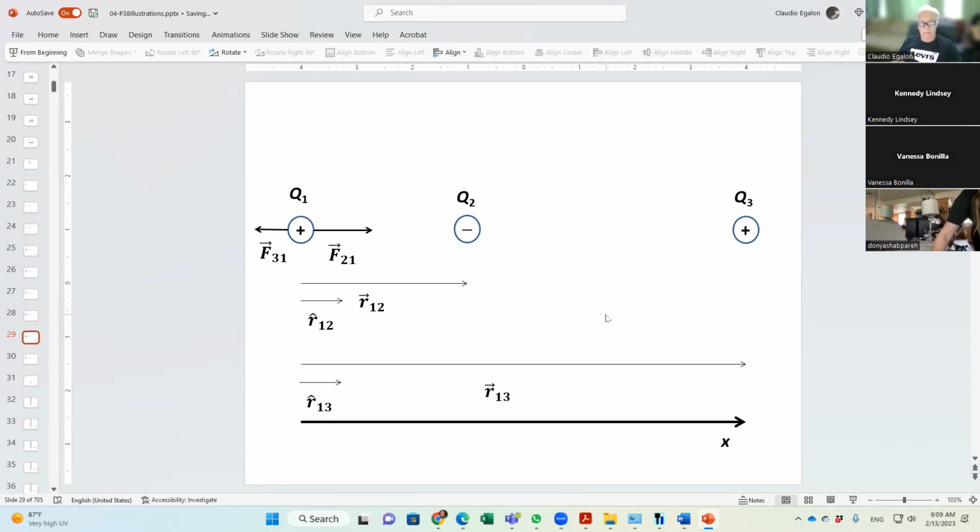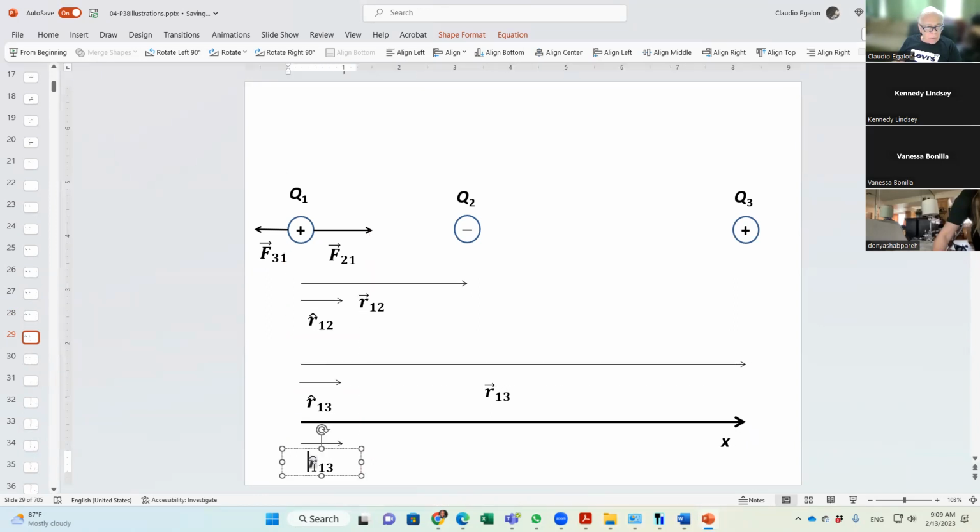And let's write it down. R hat 12 is equal to R hat 13, which is going to be equal to x hat as well. I'm going to even put the x hat right in here. Their magnitude is 1 because those are unit vectors.